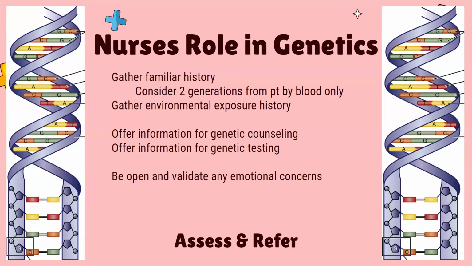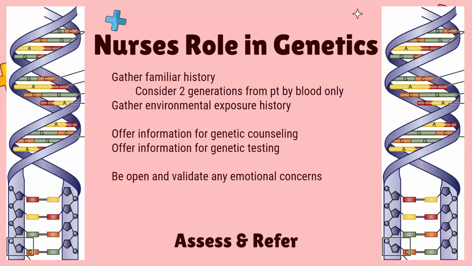When we're doing that familial history, we want to think about 2 generations outside of the patient by blood only. So if you think 2 generations out from yourself, you're thinking about your grandparents and their siblings, and that secondary level of a pedigree tree.